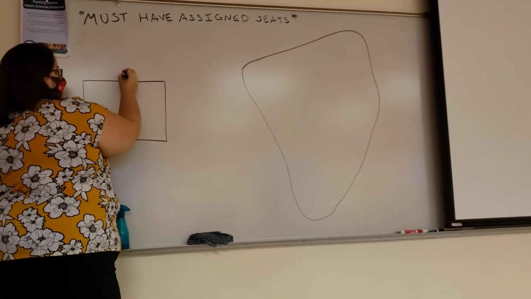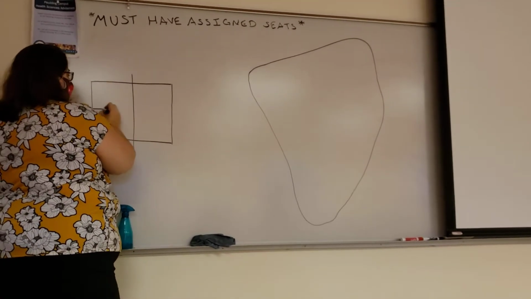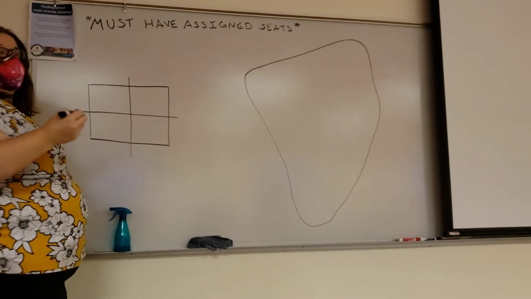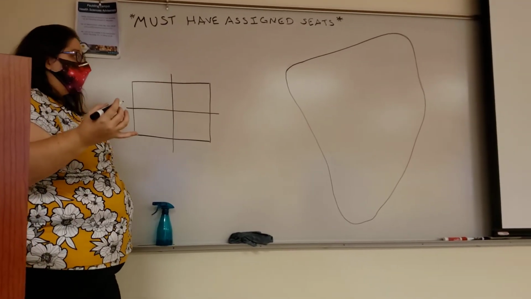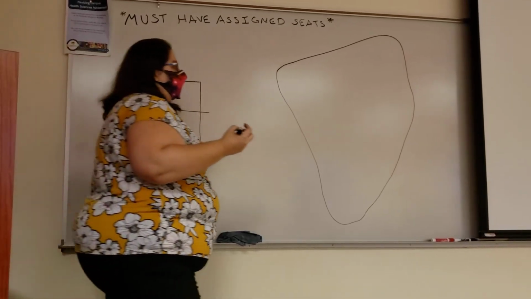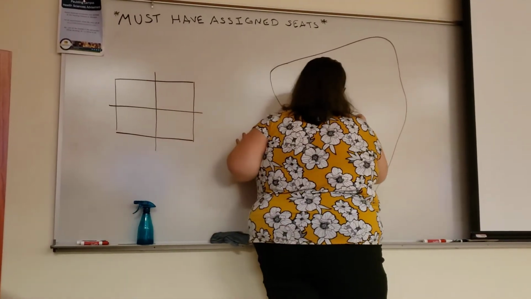Okay? So for my stick figure, we're just going to divide into quadrants. They look a little bit weirder on your full-size heart because they are not all the same size.